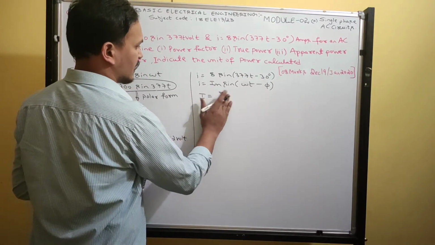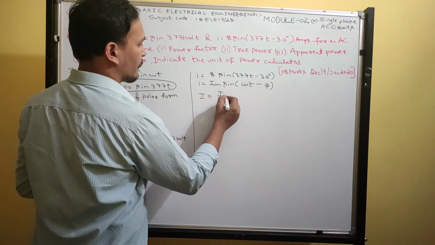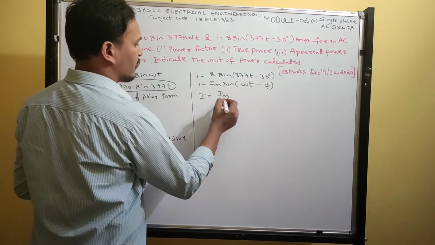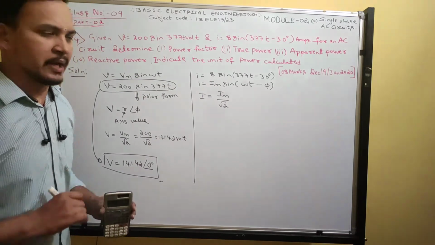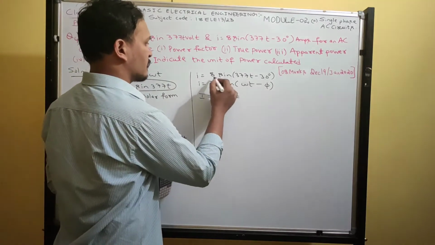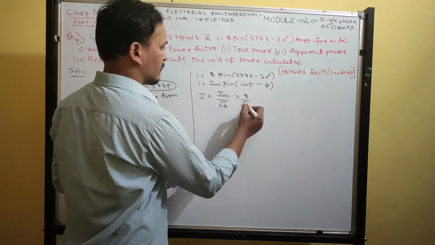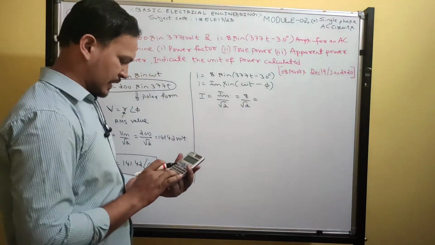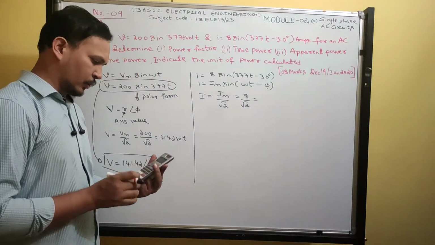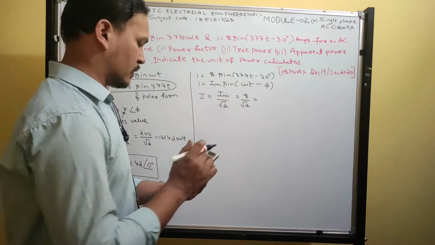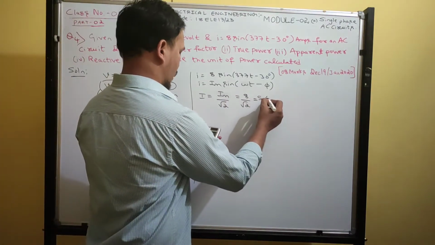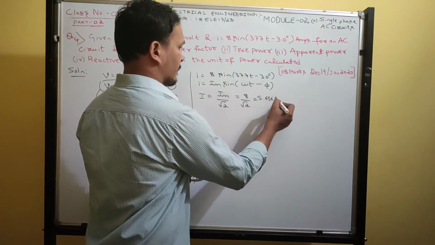Now calculate the RMS current. What is RMS current? Im by root 2, for a sinusoidal waveform. What is the maximum current? 8. 8 divided by root 2, how much do you get? We got 5.656 ampere.